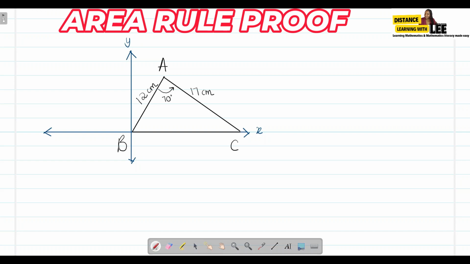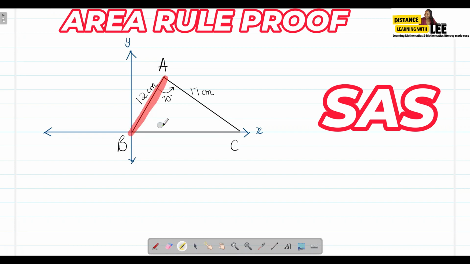In this case, we would be able to apply the area rule to calculate the area of this triangle ABC, because we've got two known sides: AB is 12 centimeters and AC is 17 centimeters. And we've got an included angle.